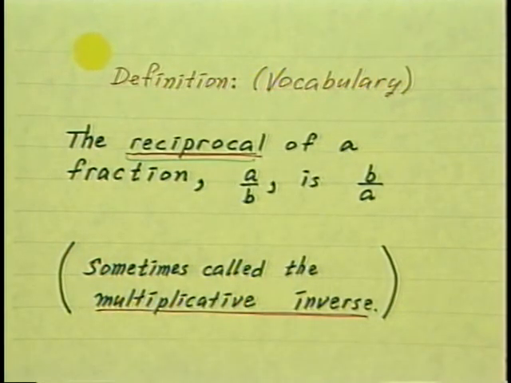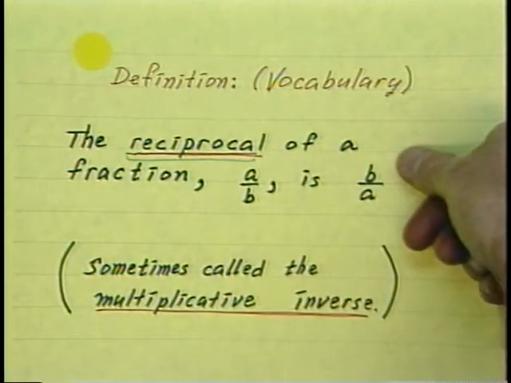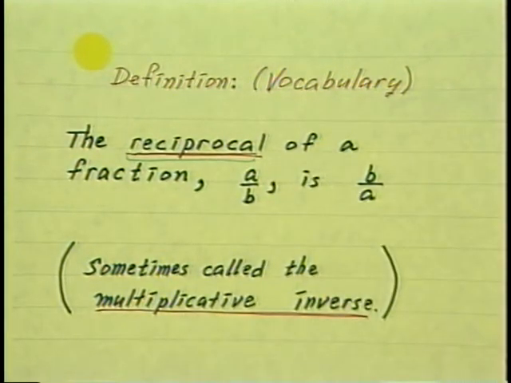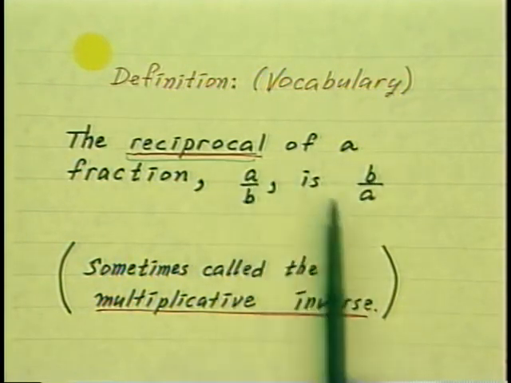In some algebra books, it will be referred to as a multiplicative inverse. In sloppy language, reciprocal is simply when a fraction has been tipped upside down. In more formal language, the reciprocal of one fraction is that fraction with the numerator and denominator interchanged.